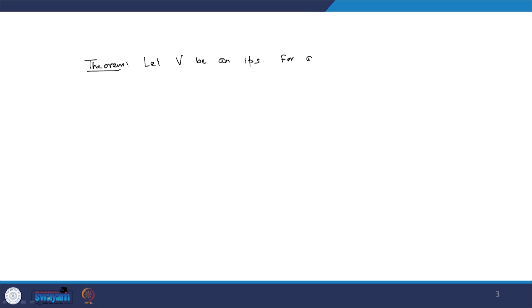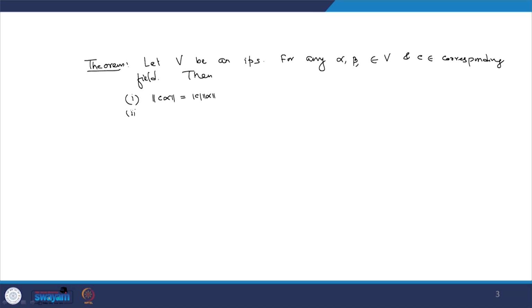For any alpha, beta belonging to V and c belonging to the corresponding field, it may be a real number, it may be a complex number, the following properties hold good. First, norm of c alpha equals mod of c into norm of alpha.